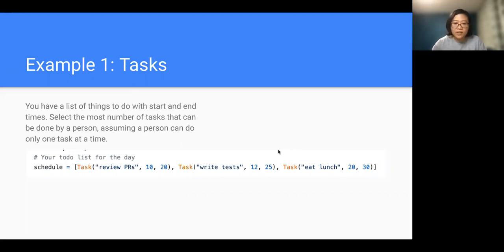If we look at the tasks here, we can see that some of them overlap. Review PRs and write tests, their start and end times overlap each other. That means we probably can't do both of these things because we can only do one task at a time. So how do you go about thinking about this in a greedy algorithm way?